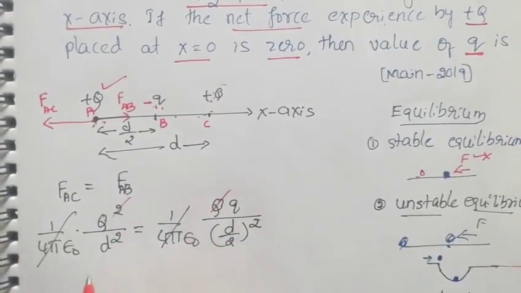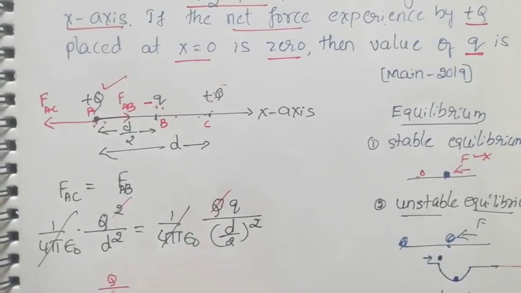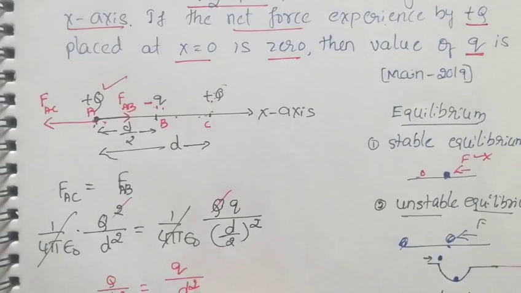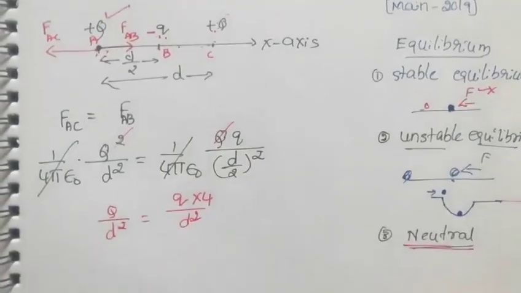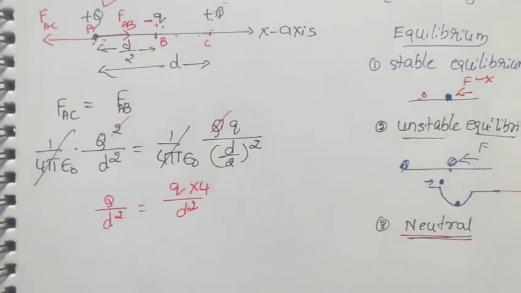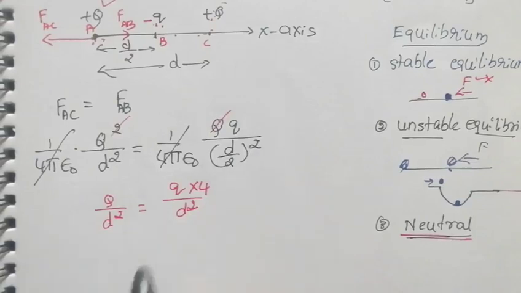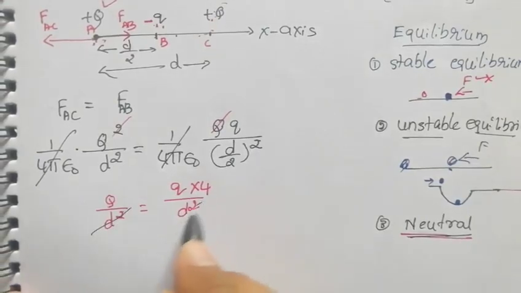Let us simplify this. It becomes Q by d square equal to small q divided by d by 2 whole square. Can I write it as d square divided by 4? Actually the 4 goes to the numerator, so I write 4 like this. Now d square is going to cancel.